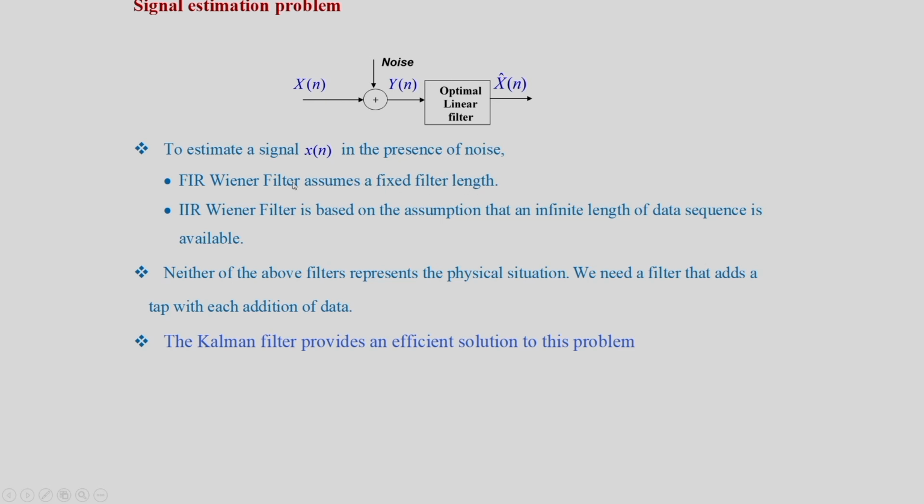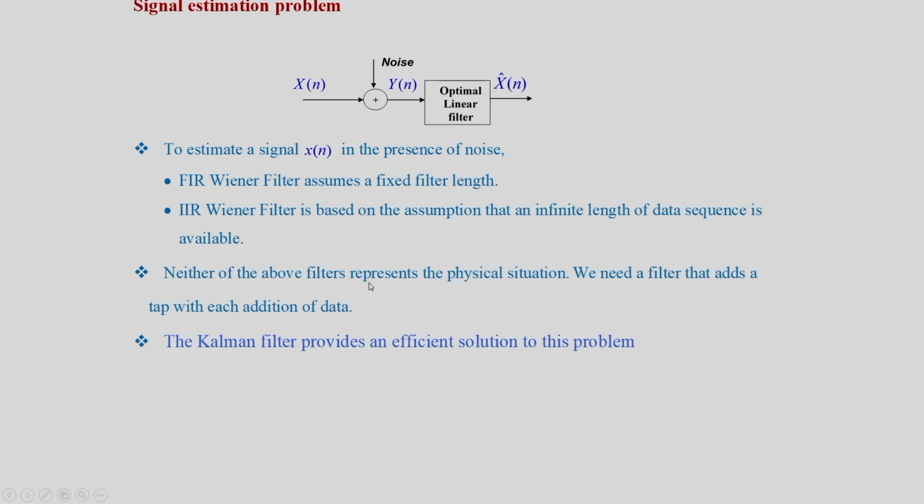So, in the case of FIR Wiener filter, the filter length is fixed. IIR Wiener filter is based on the assumption that an infinite length of data sequence is available, because it is infinite impulse response IIR. So, that way it makes the assumption that an infinite length of data is available.